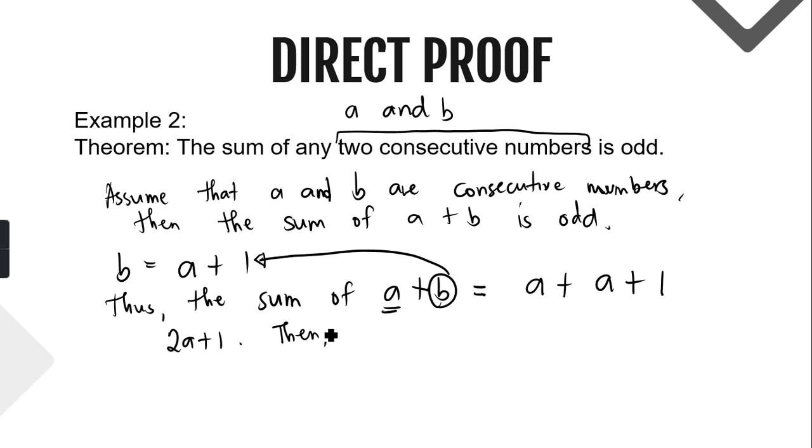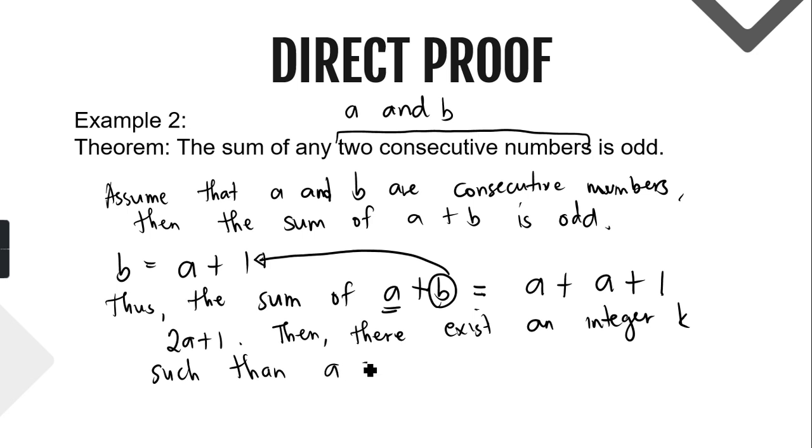ayan, pwede tayong gumamit ng ganito kung gusto niyo pa naman, pero pwede din naman na diretso na. So, then, there exists an integer k such that A is equal to k.